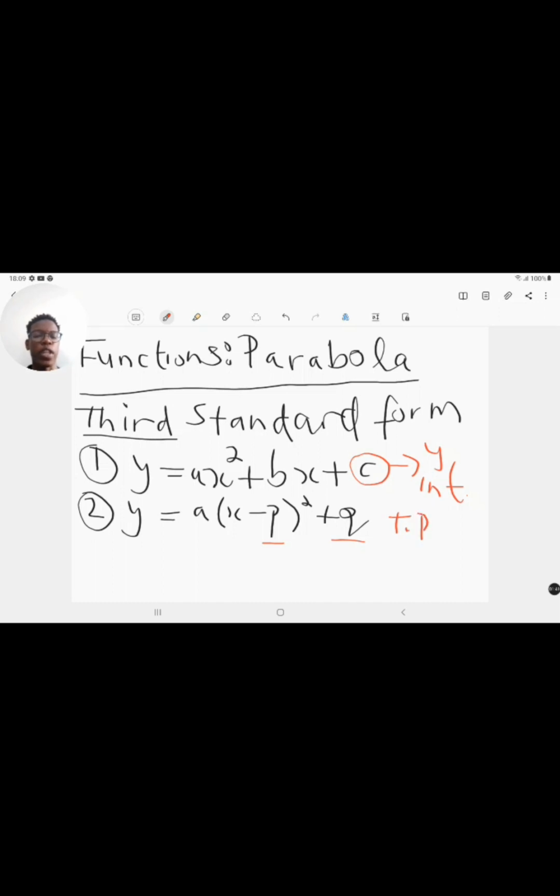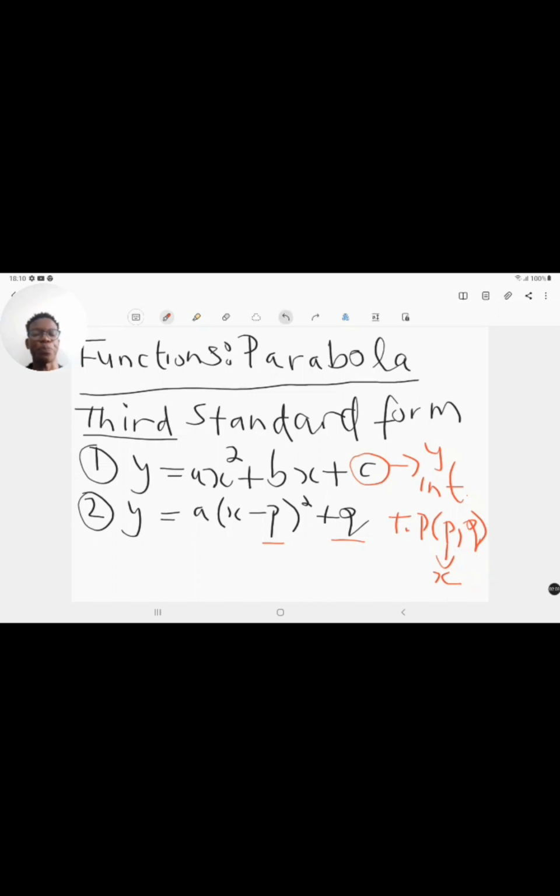The coordinates of your turning point in this case are p and q, where p is your x value and q is your y value. So by inspection you can immediately tell what your turning point coordinates are for this standard form, whereas you can't do that for your first standard form.